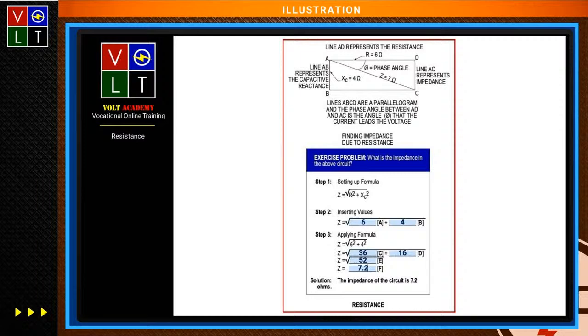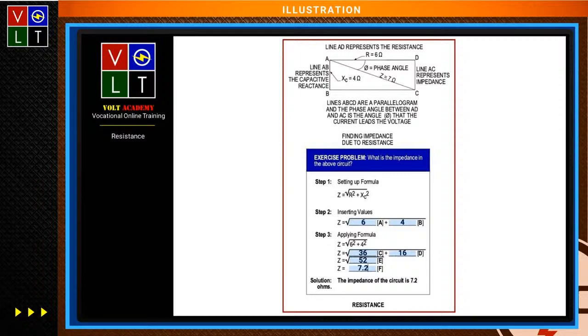Is that right? And here's a good example where I'm doing it vectorially, and you take the capacitive reactance and all of that. If I take XC, my capacitive reactance, it's at 4 ohms. Now remember the one I did before, to get the impedance. I did the inductive, didn't I?